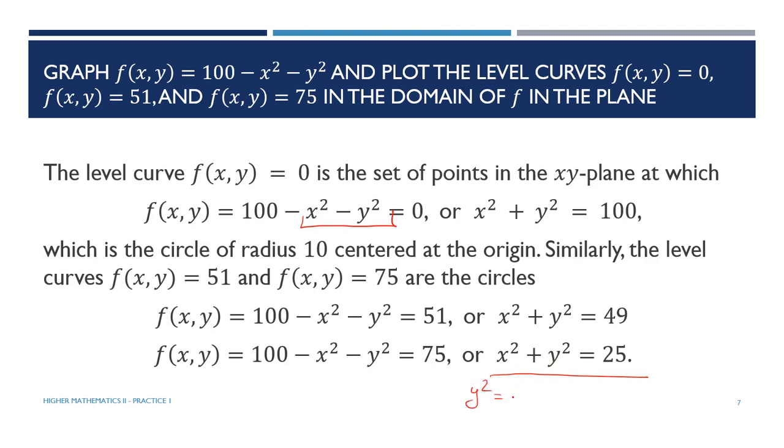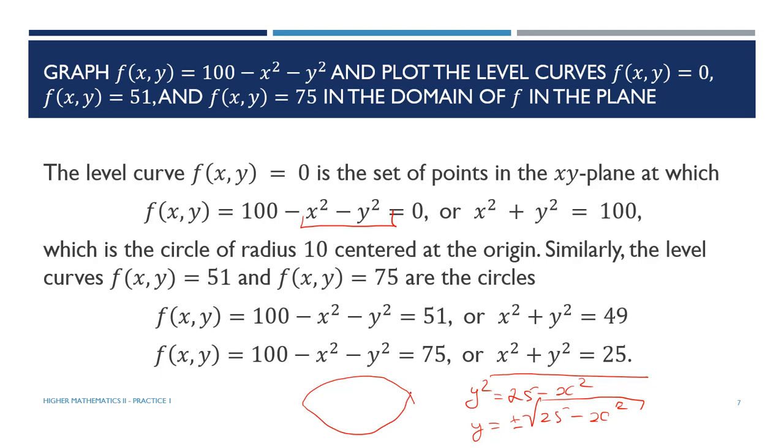We'll get y squared equals 25 minus x squared, and here y equals plus or minus square root of 25 minus x squared. And this is 2, so this gives us 2 half circles. Y equals square root of 25 minus x squared gives us this half circle.